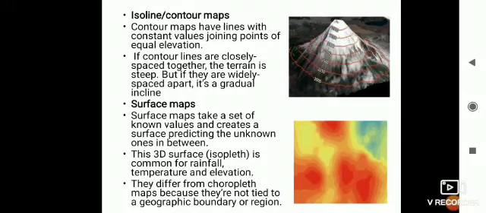On surface maps, surface maps take a set of known values and create a surface predicting the unknown ones in between. The 3D surface is common for rainfall, temperature, and elevation. And they differ from choropleth maps because they are not tied to geographic boundary or region.